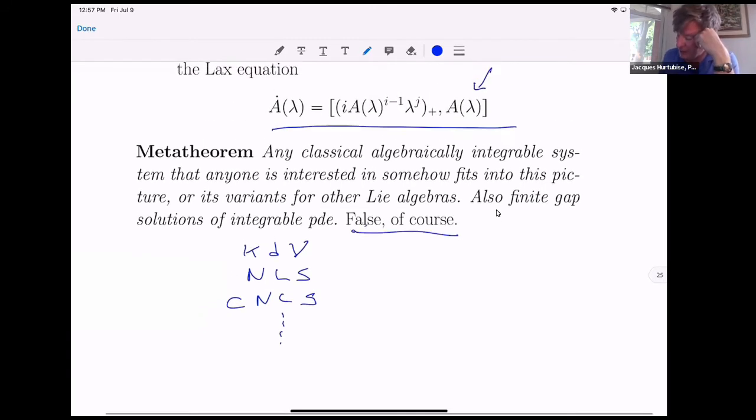This is false, except that people were saying, for example, that the Kovalevskaya top didn't fit into this. Then somebody came up with a solution. Then people were saying that other examples, the Calogero-Moser systems, come up.